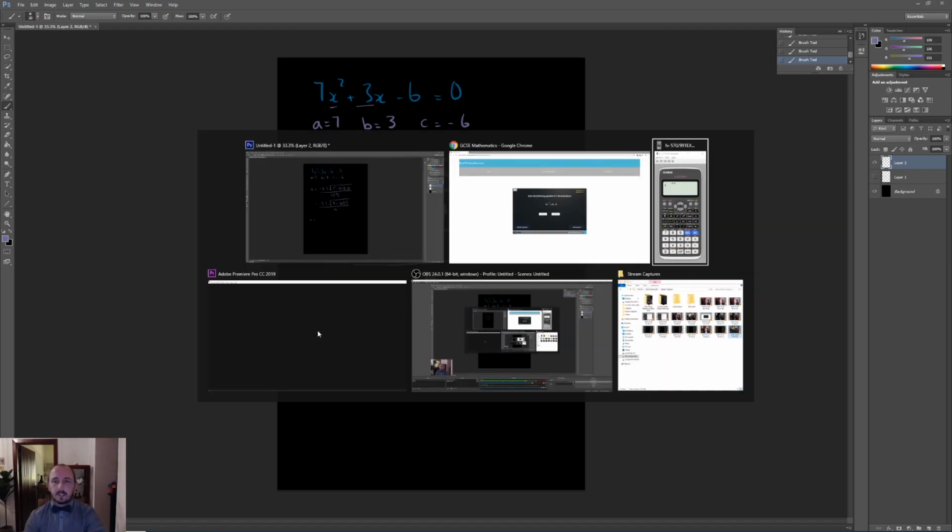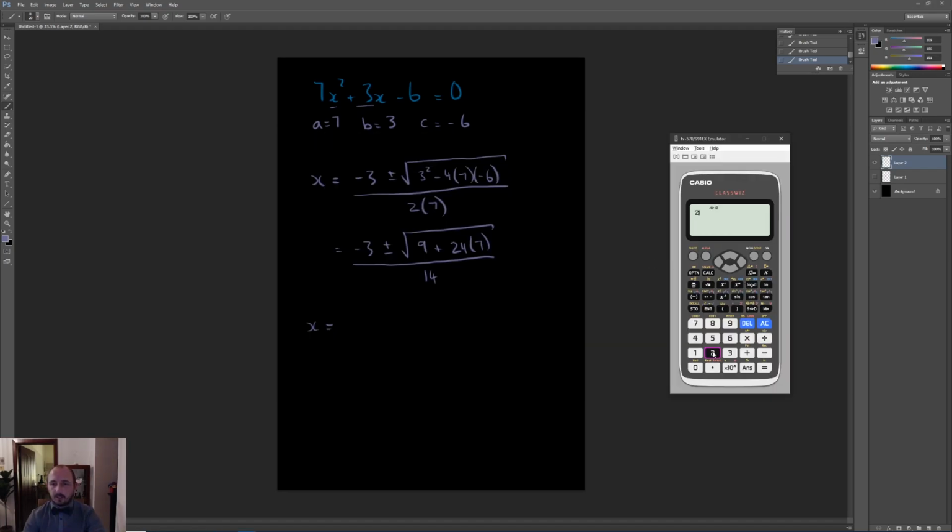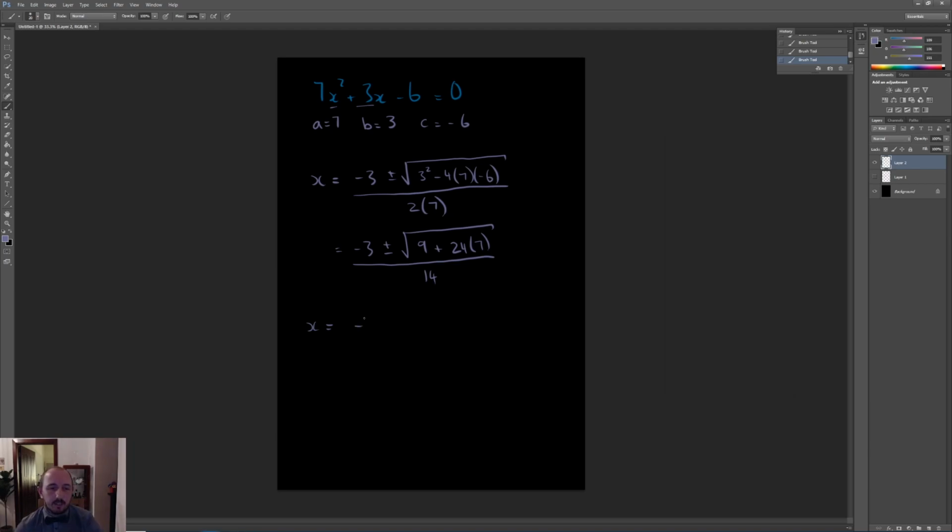We can get our calculator out and have a look at 24 times 7 plus 9, and we have minus 3 plus or minus square root of 177 over 14. So as you can see, these numbers aren't very nice, and we can put both of those into the calculator, one where we have a plus sign and one where we have a minus sign.